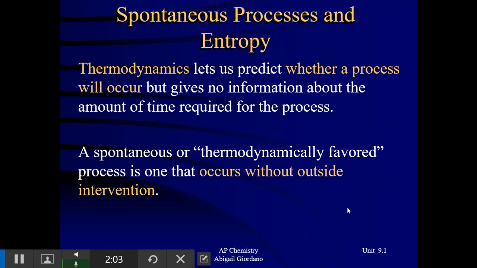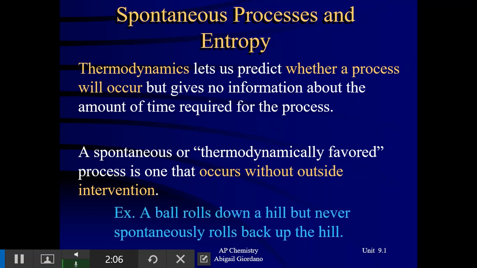Just as an example, if you release a ball at the top of a hill, it will spontaneously, on its own, roll down that hill. A ball sitting at rest is not going to spontaneously roll up a hill. The only way you can get an object to move up a hill is by applying a force, expending energy.